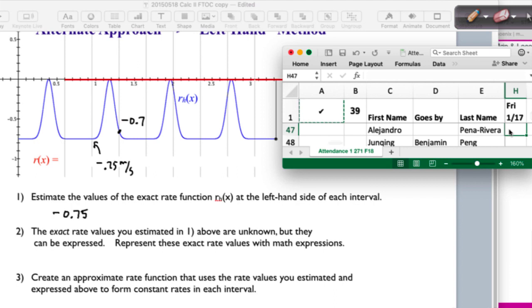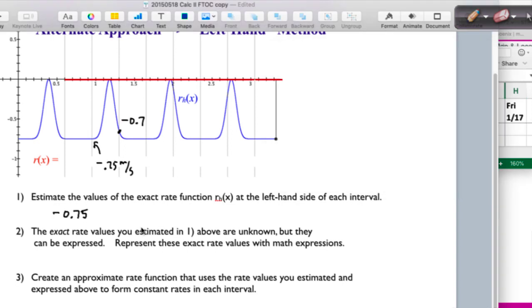Alejandro, did you get how you would express that first negative 0.75? So we got this value here, negative 0.75, that we're estimating. What's a way to express that exactly?